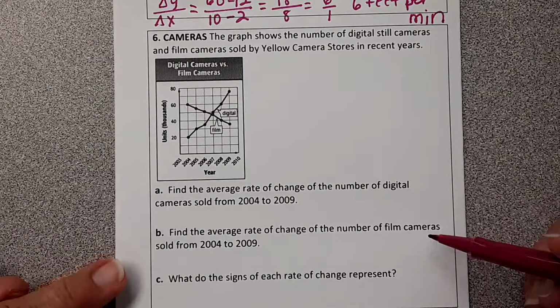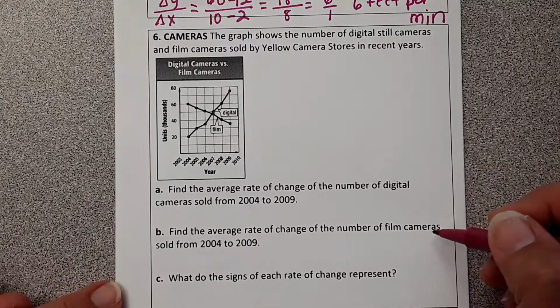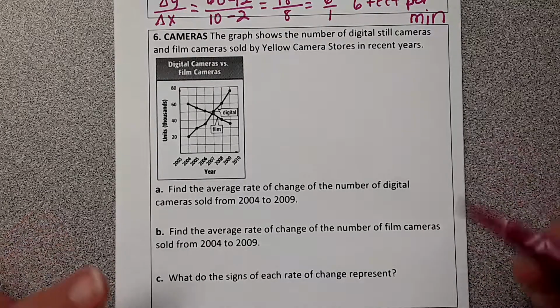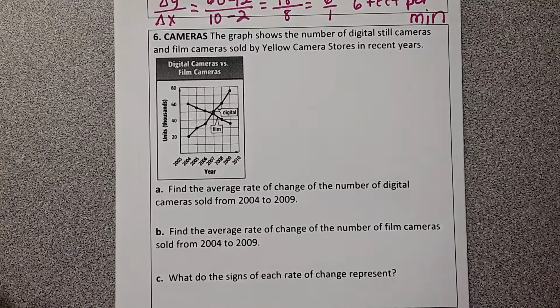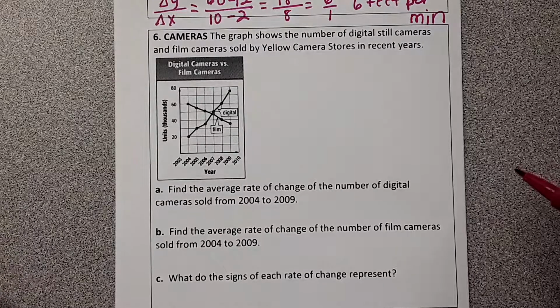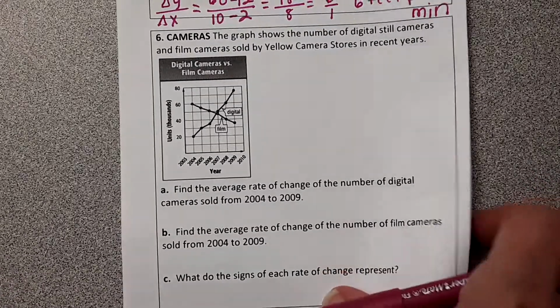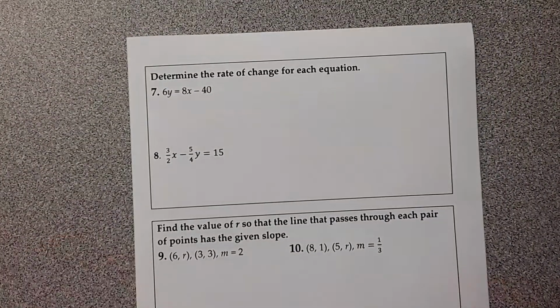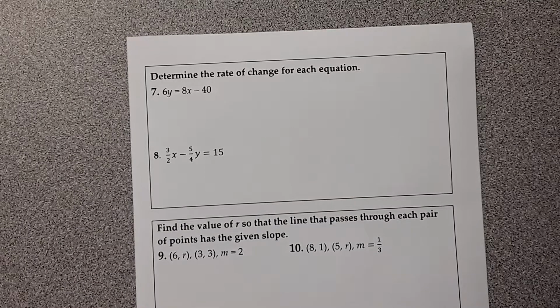Then they want you to find the average rate of change in the number of film cameras and what the signs of each rate of change represent. Okay? But I don't want to do that one. I want to do number 7 and 8 because these you're going to have to rewrite.